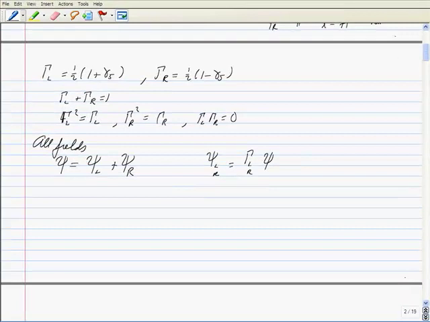You should note that when we take psi bar left, that's psi dagger gamma left dagger gamma 0.